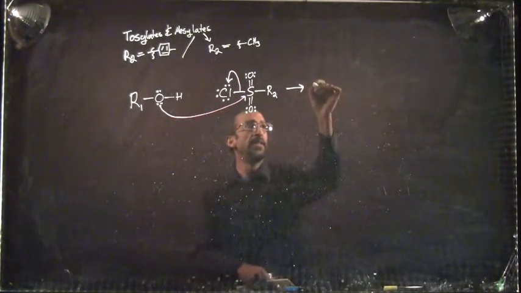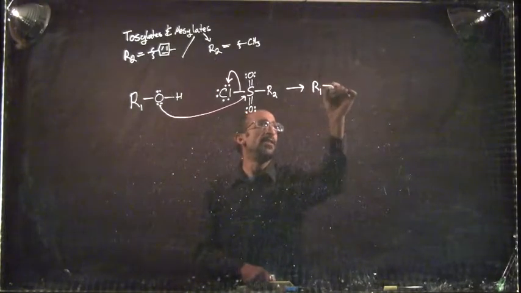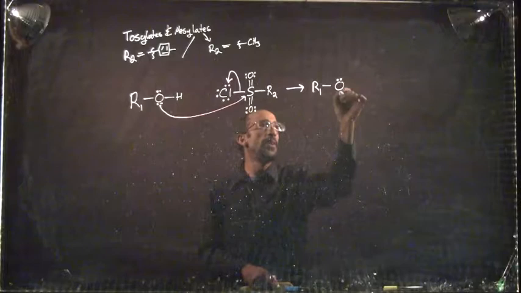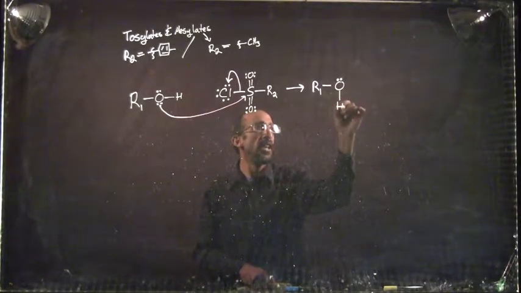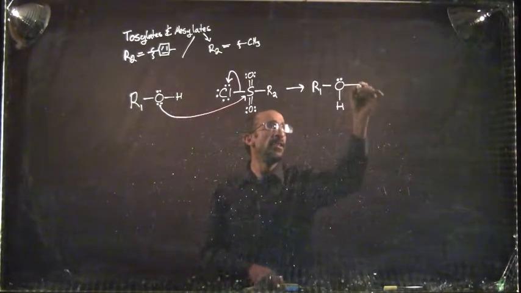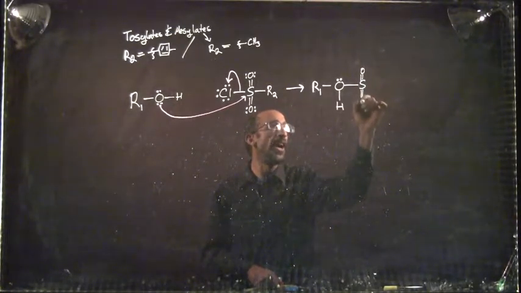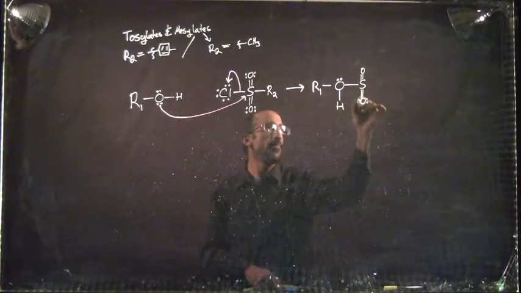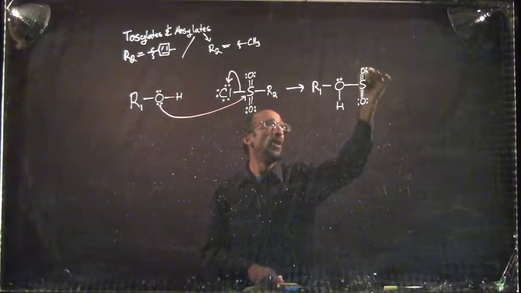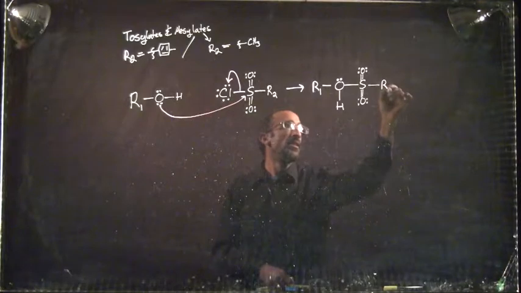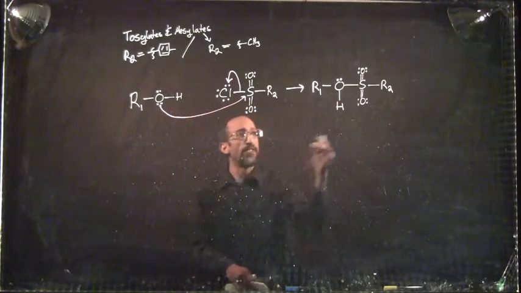where we have R1 to our oxygen. We now have only one lone pair on this oxygen. That hydrogen is still bonded to it. That oxygen is now bonded to the sulfur of our sulfonyl chloride. We always want to have all of our electrons. And so this is our first intermediate.